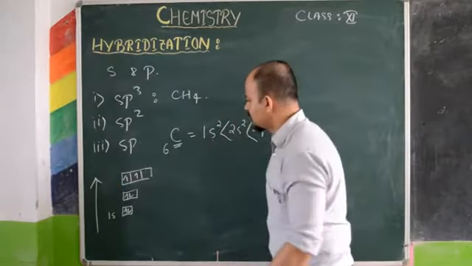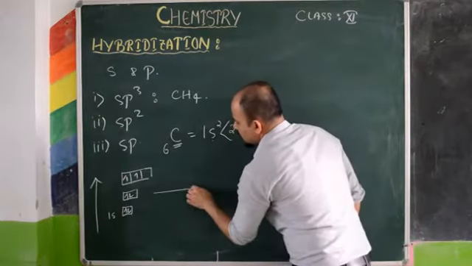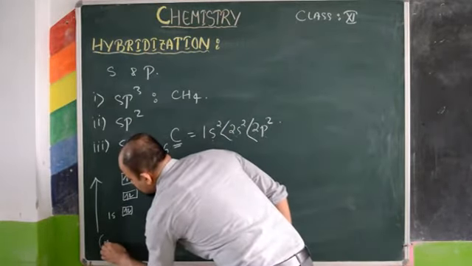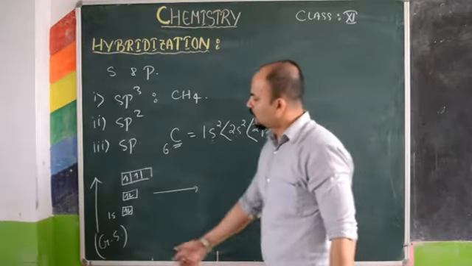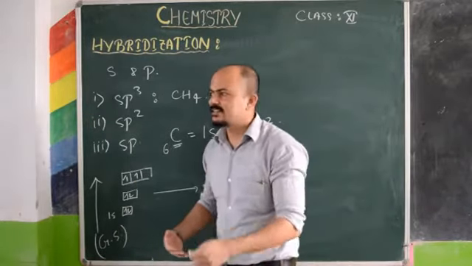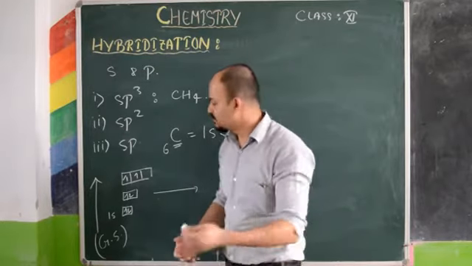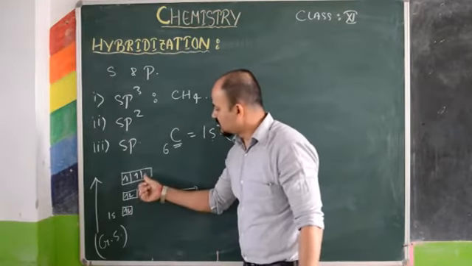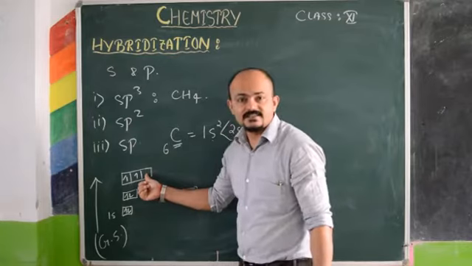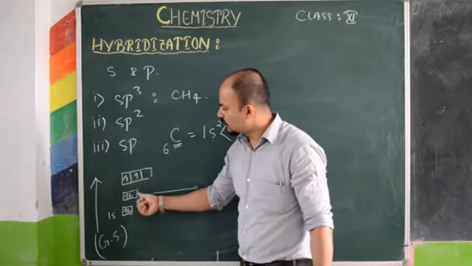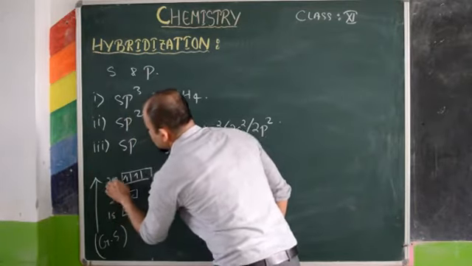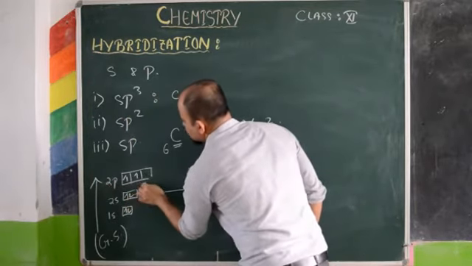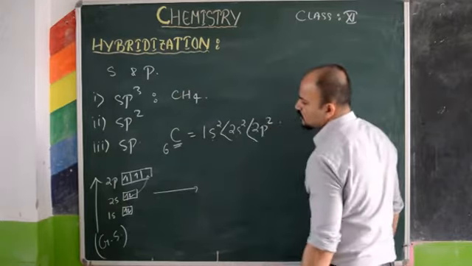This is the ground state of carbon. Whenever it gets excited, as we have discussed in our previous video, since it has vacant space in 2p, one of the electrons from 2s will be promoted to 2p.